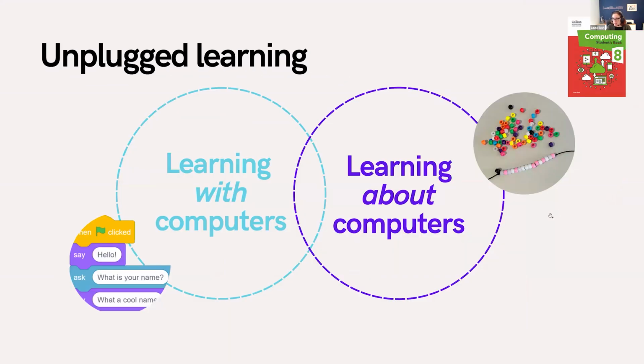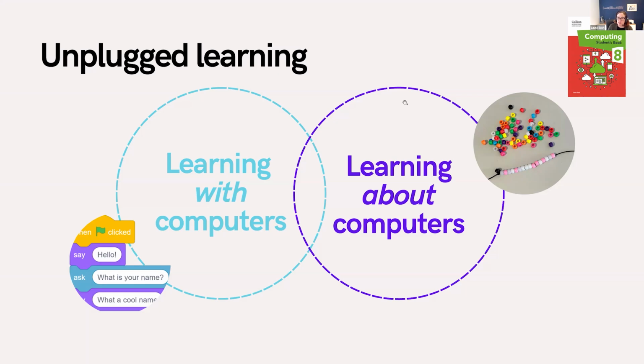Moving on to unplugged, which I mentioned briefly before. A lot of the time we are learning with computers. There's an example of Scratch down at the bottom left. So we're learning about computers with computers, which is the intersection of those two circles. But unplugged learning is learning about computers.